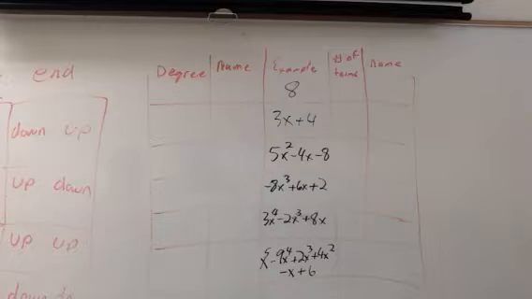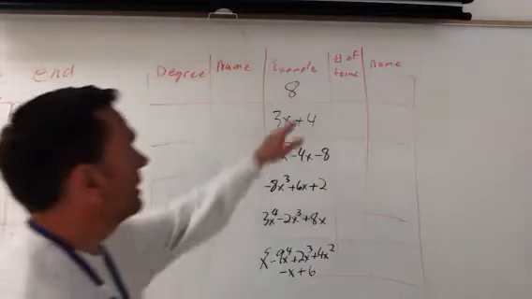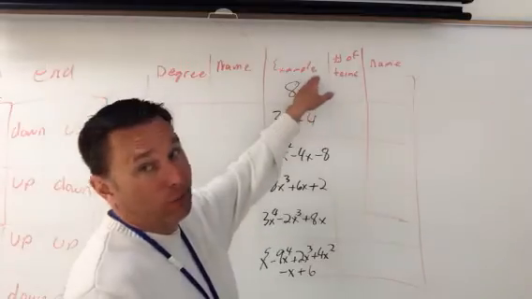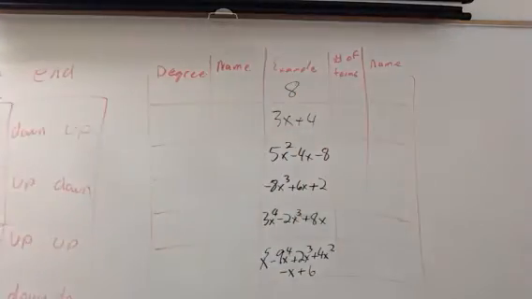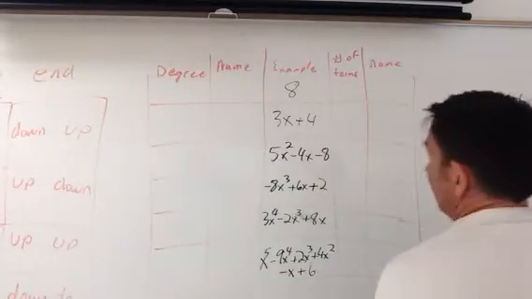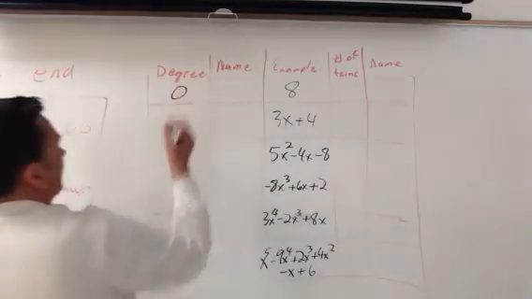We want to think about the degree of a polynomial, which is the highest exponent. If I don't have any variables here, there's no exponents to go with them. So whenever it's just this, the degree of this is 0.